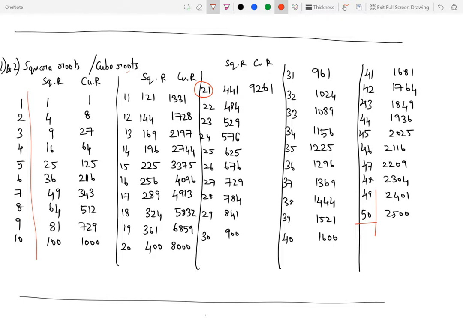It is very tough to remember the cubes, so it is recommended that you practice writing cubes up to 21 repeatedly. But in the case of squares, it is very easy. If you are able to write the squares up to 25, then it is easy for us to write the squares up to 50.